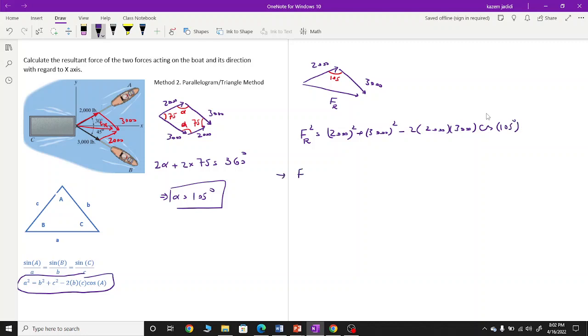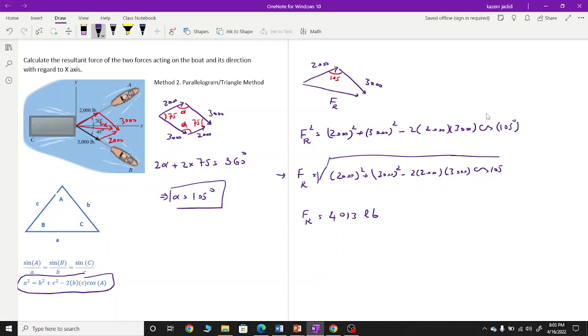Or FR is the square root of 2000 squared plus 3000 squared minus 2 times 2000 times 3000 times cosine 105. It's probably better for you to write it as a square root. And if you solve this, it's going to be equal to 4013 pounds, which is the same as what we calculated in the previous slide.